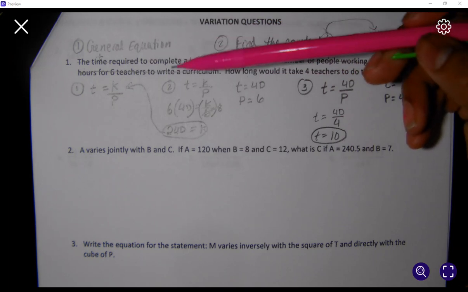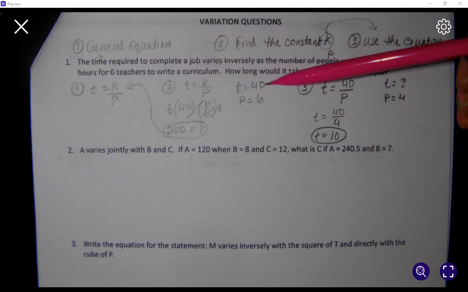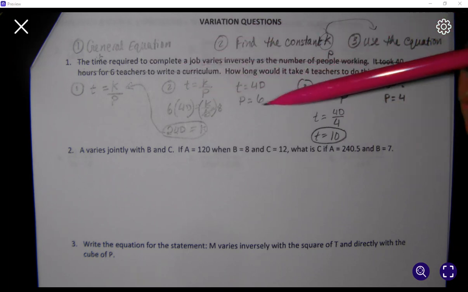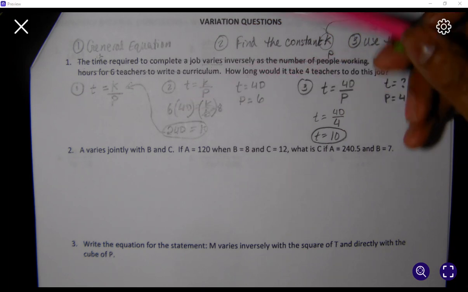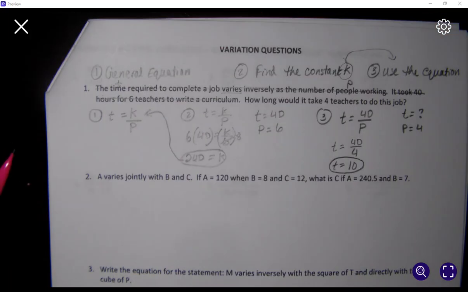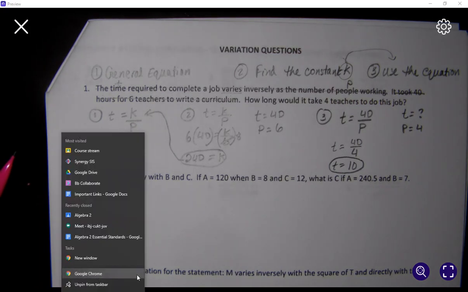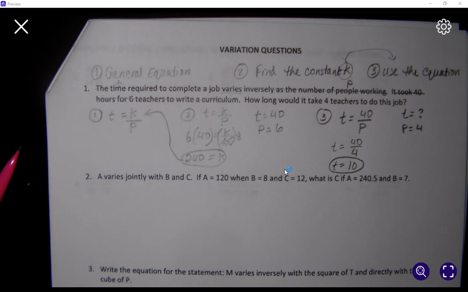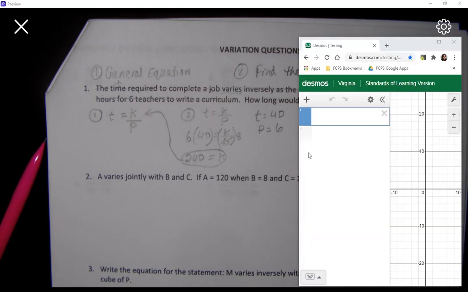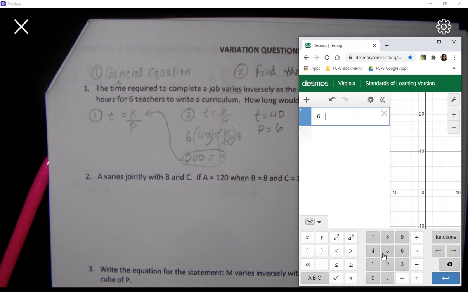So let me see if I did this right. 6 times 40 is 240.